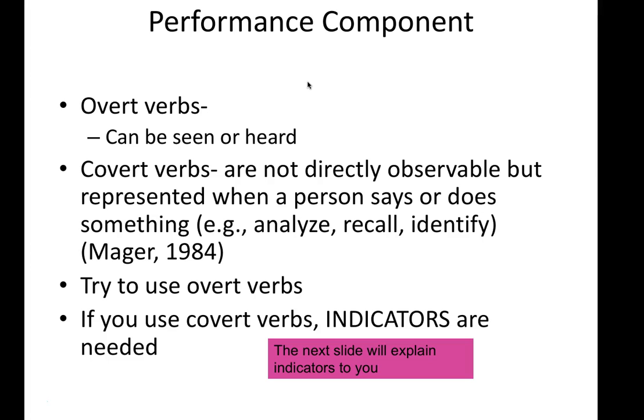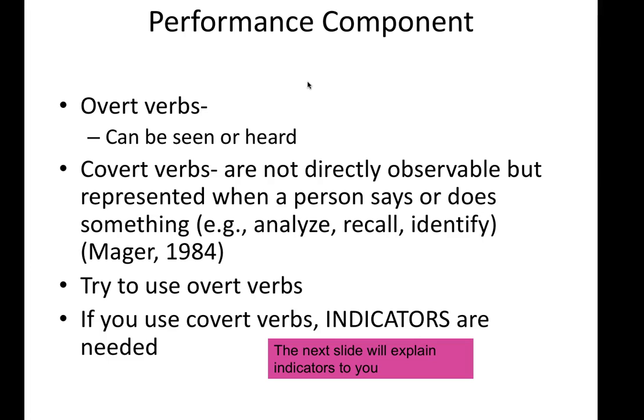So if you want to let people know that, yes, the client is saying something, but what I'm really measuring is their ability to analyze, then you could use the verb analyze, but then you're going to use this thing called an indicator to tell us how you will know they analyzed, or how you will know they recalled, or how you will know they identified.